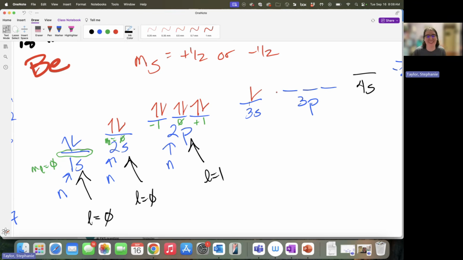Spin has to be positive 1/2 or negative 1/2. Spin is not a whole number, but it can be negative. Whether spin is up or down, positive 1/2 or negative 1/2, it doesn't matter.